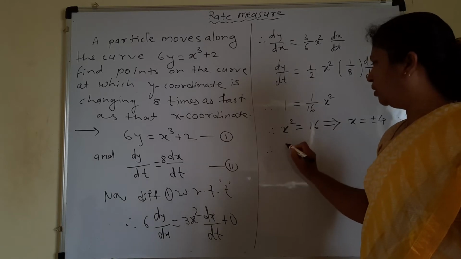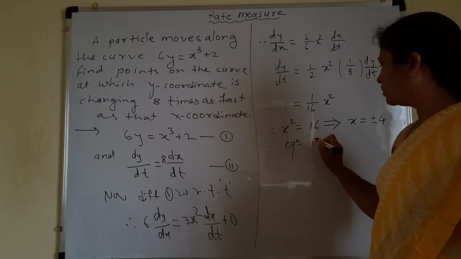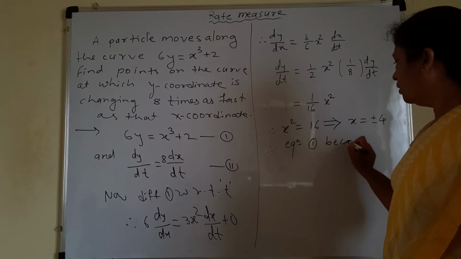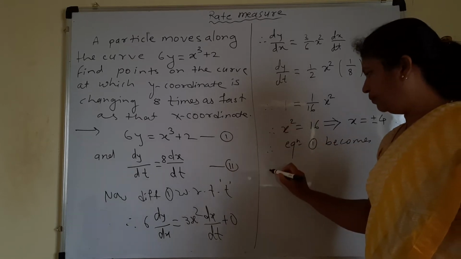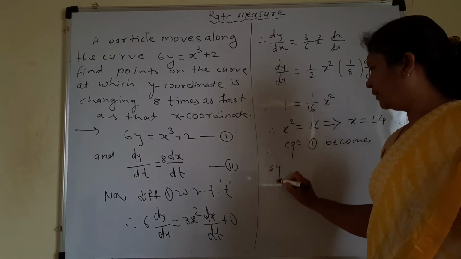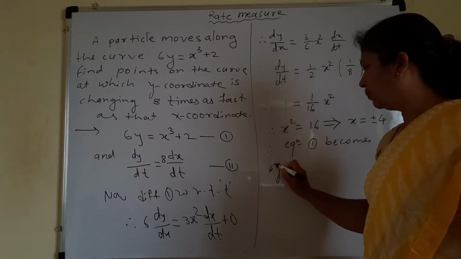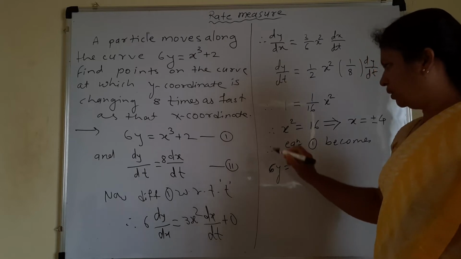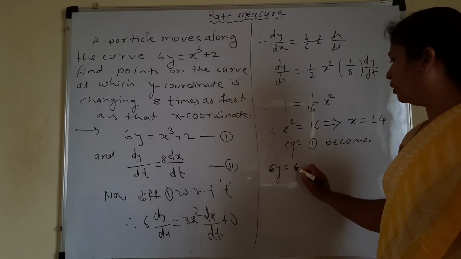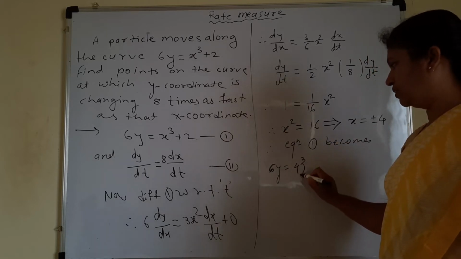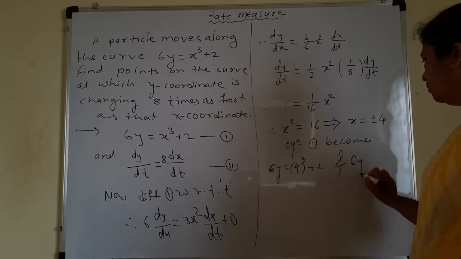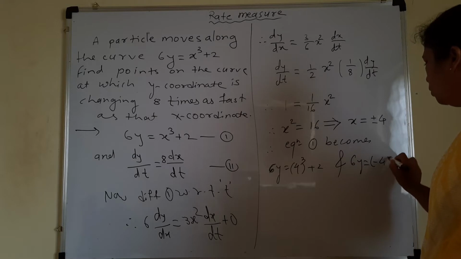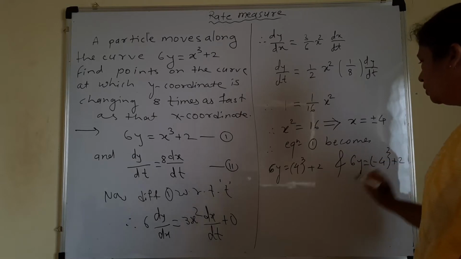Therefore equation 1 becomes, means equation 1 will give you the value of y. 6y is equal to x cube, that is 4 cube, plus 2, and second, 6y is equal to minus 4 cube plus 2.